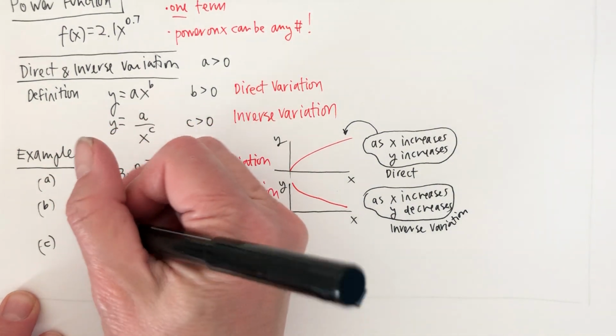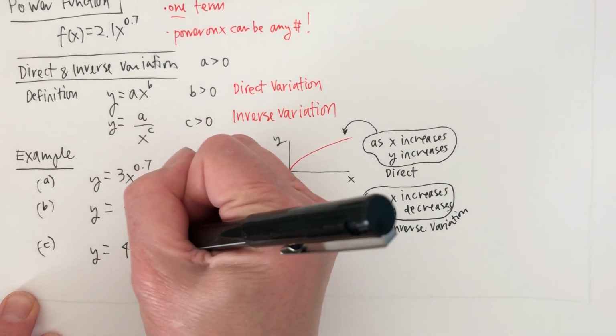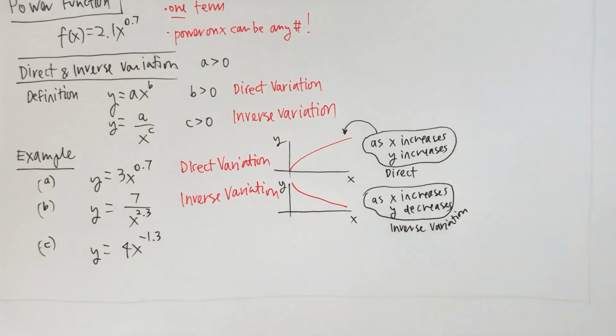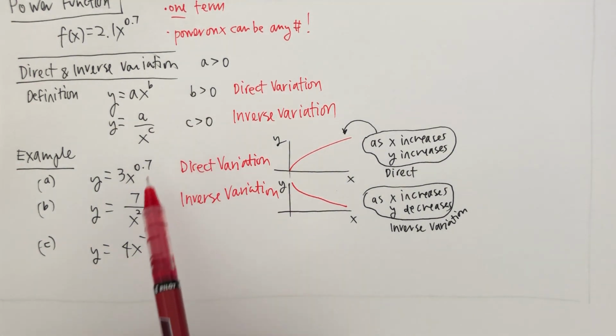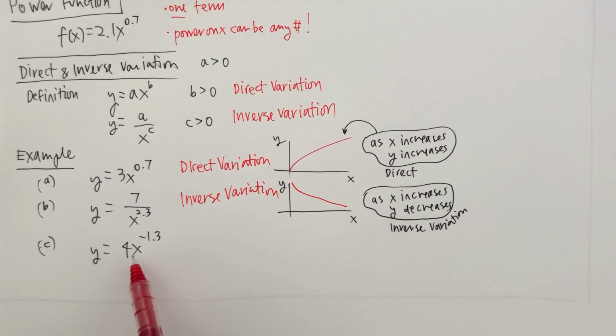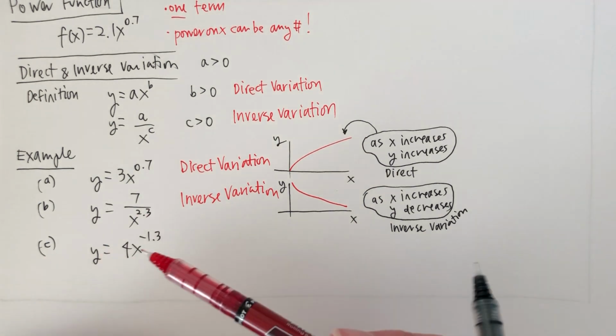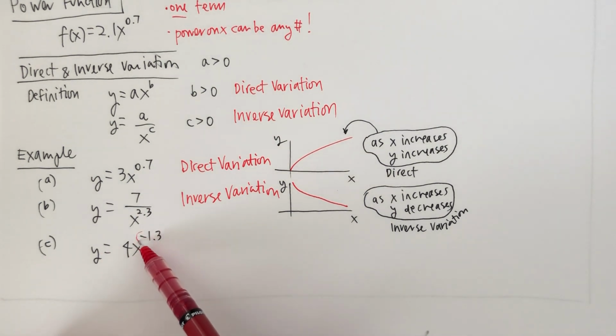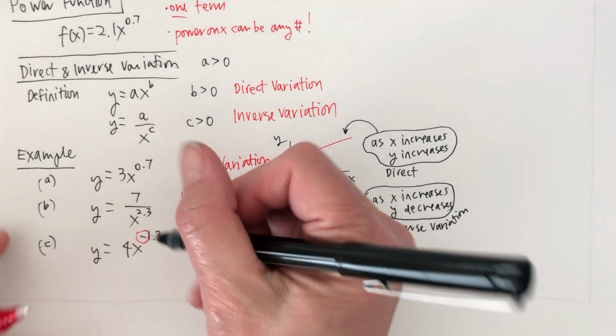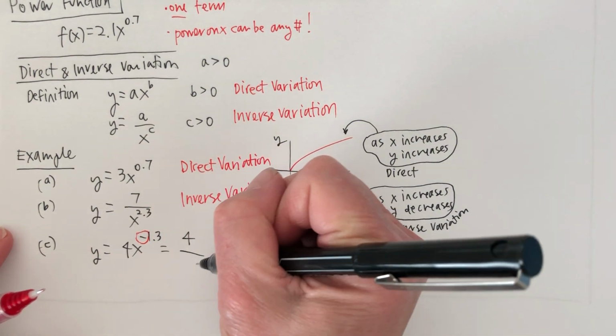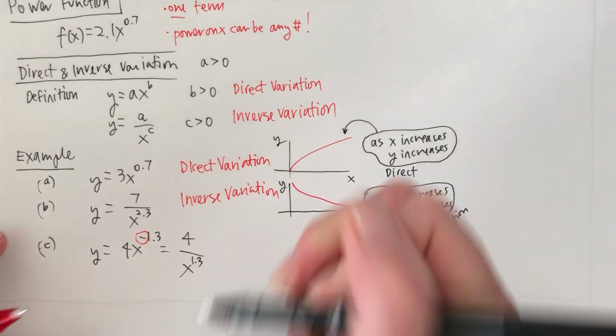One more example real quick. y equals 4x to the negative 1.3. So we ask ourselves, is this direct variation, inverse variation, neither? I thought this exponent was always supposed to be positive. Well, at this point, we can remember that if you do have a negative in an exponent, you can rewrite it. This is really like 4 over x to the 1.3.